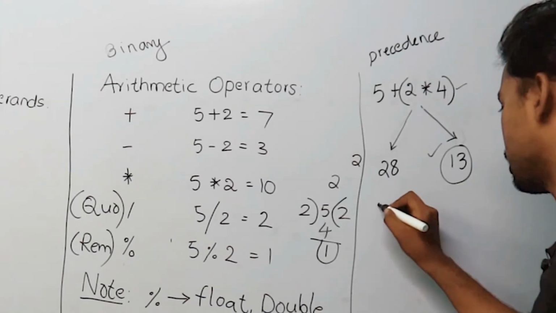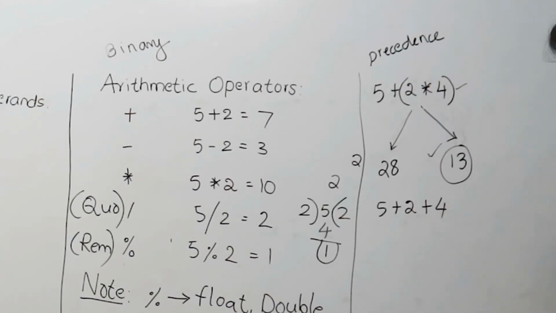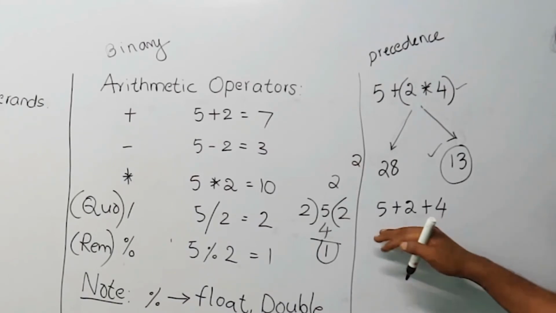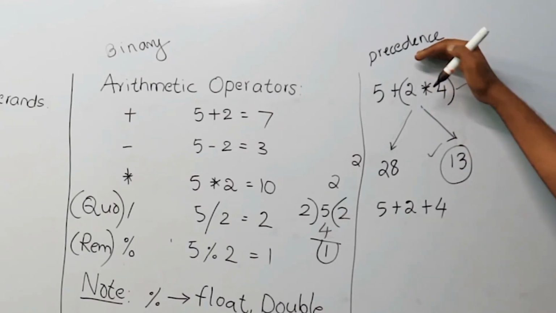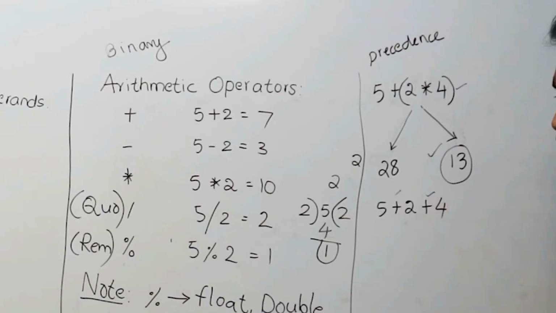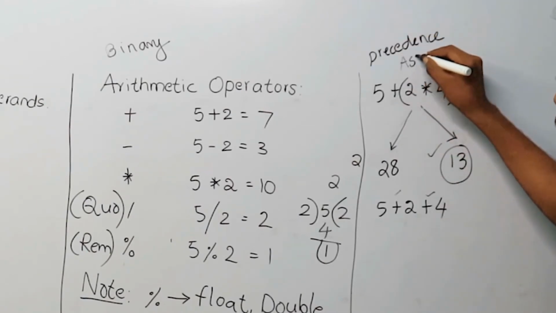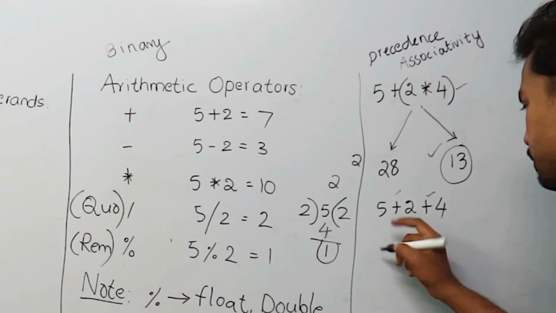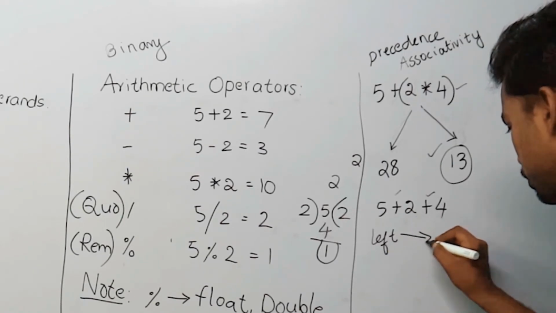But sometimes there might be an expression like this, with the same operator repeated. Again it has ambiguity, because the compiler goes to the precedence table, and the precedence table tells you that plus and plus have the same precedence. Again, the computer doesn't know which one to choose, so it will take the help of associativity. Associativity for plus is from left to right.